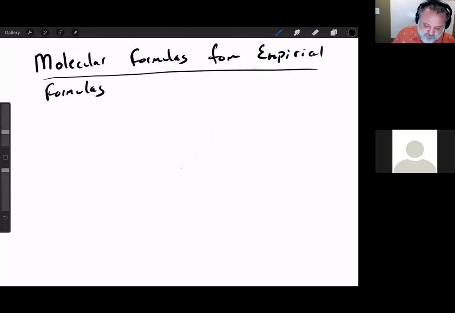So we're going to do the same problem, except the problem is going to say, what is the molecular formula? But it's going to have an extra piece of information to help you sort that out. So let me give you an example of where it comes from, though.